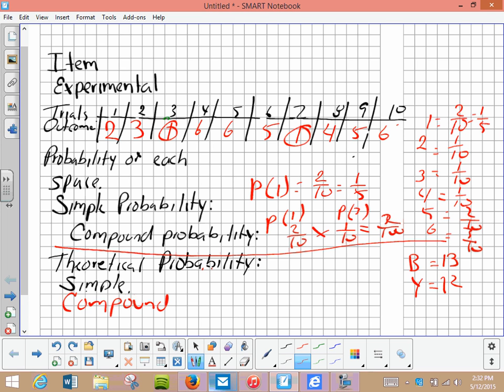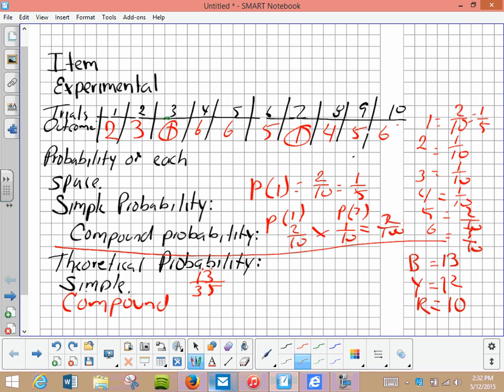And then what else? Red, you have 10. So you have a total of 35, right? Theoretical is actually basing its information on what you have in the container, not your findings when you do trials. So for a simple probability, let's say the probability of getting blue, that would be 13 out of 35, right? You cannot simplify that anymore.